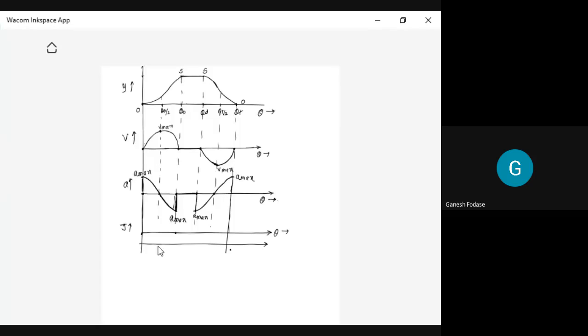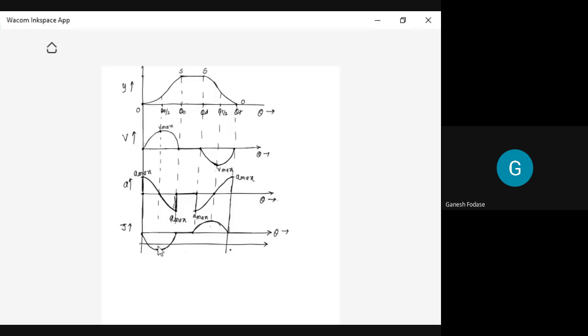So the curve is like this, having some maximum value and again 0. Then 0 during the dwell, and the well opposite nature during the return stroke. So this is your jerk equation.